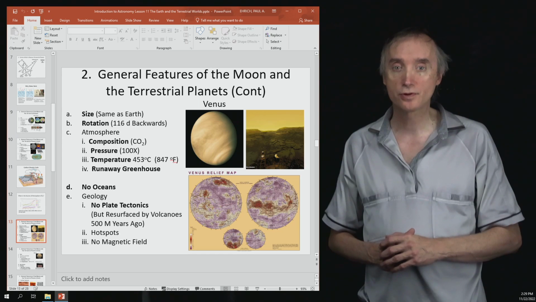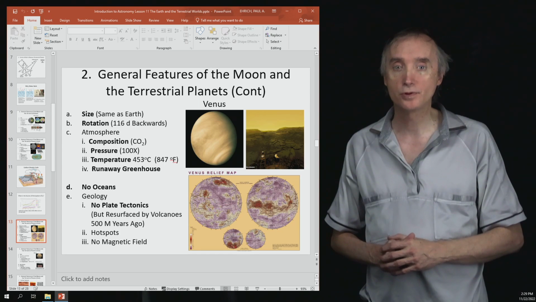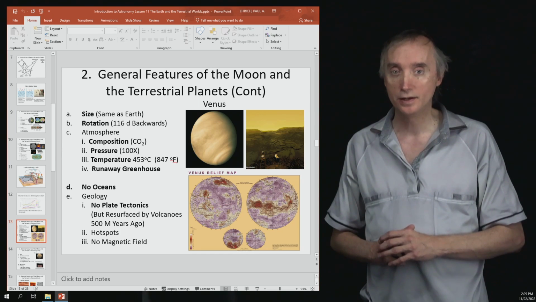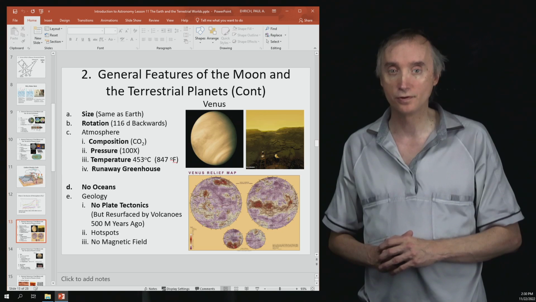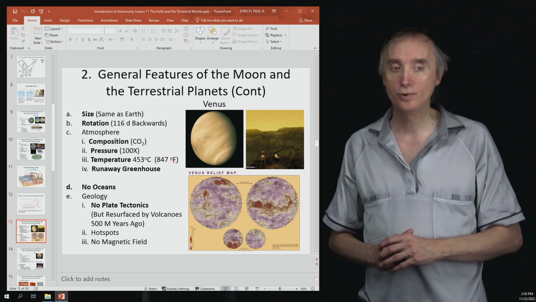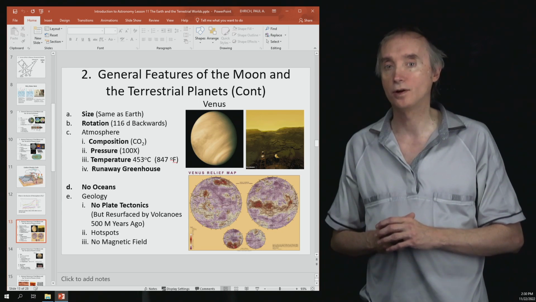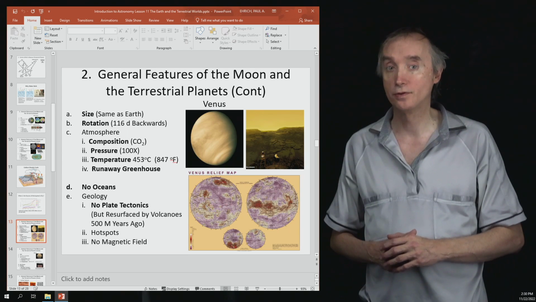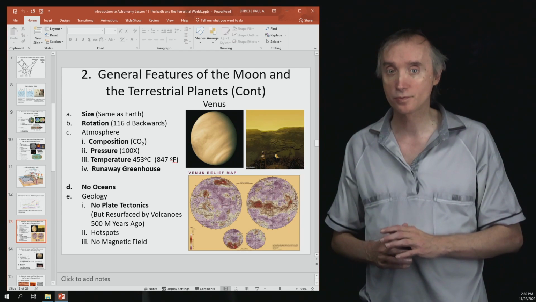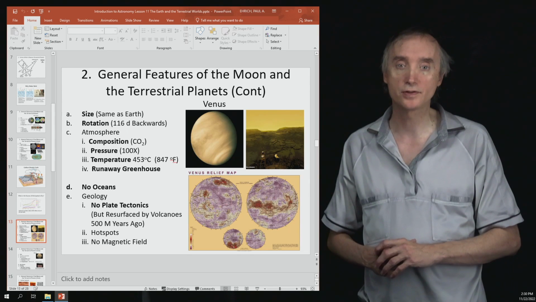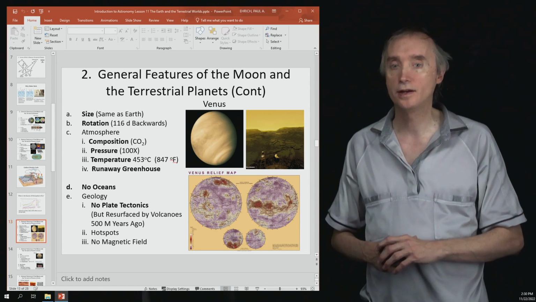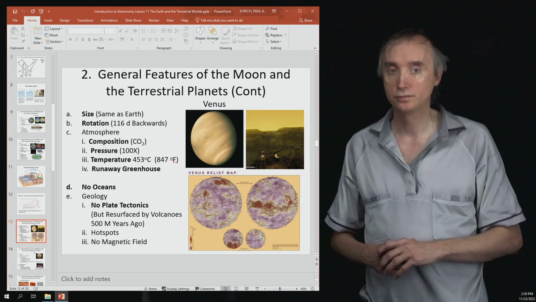Then the temperatures. Now notice that the temperature everywhere is about 453 degrees Celsius or 847 degrees Fahrenheit. So that would be the temperature whether you're at the equator or whether you're at the North Pole. So the temperature is pretty uniform everywhere on the surface of Venus. That is so hot that it would melt lead.